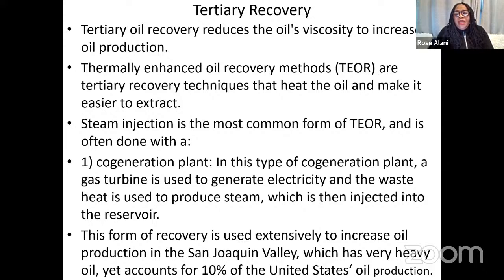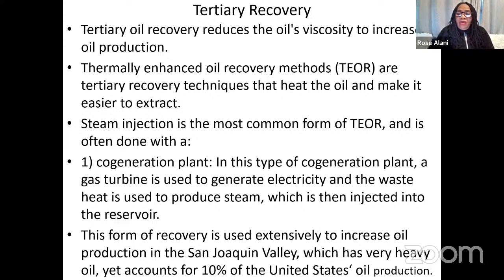This form of recovery is usually used extensively to increase oil production. It's been really used in San Joaquin Valley, to produce oil in that particular place because the oil in that place is of very high density, very heavy, and so the viscosity has to be reduced so as to be able to produce.